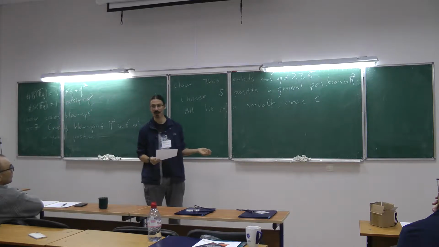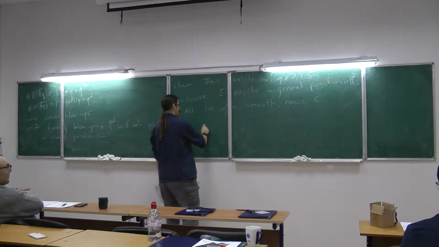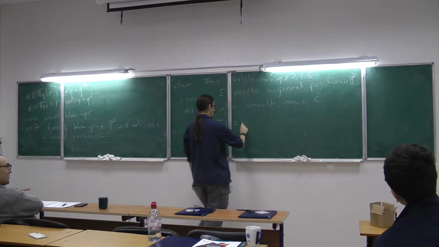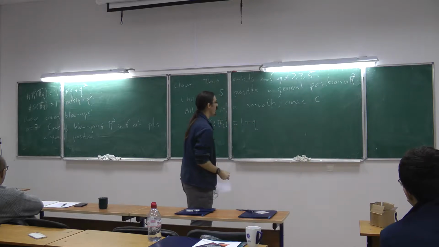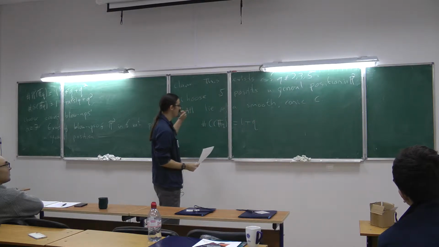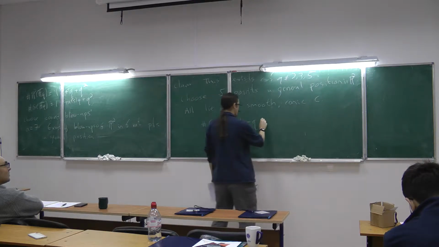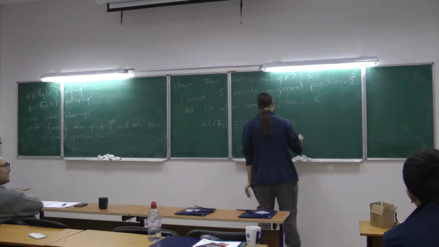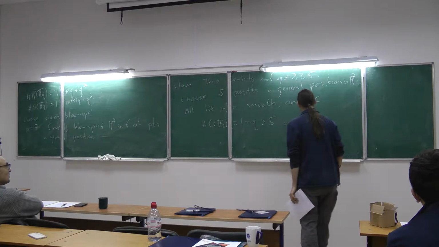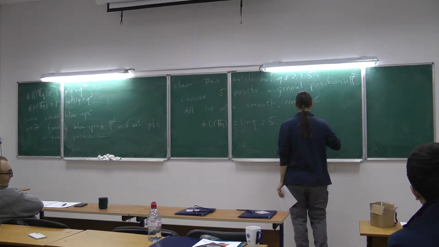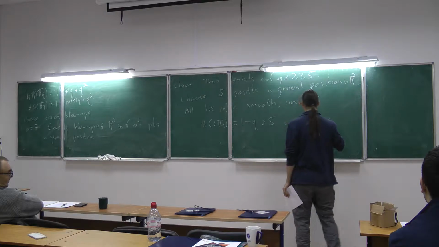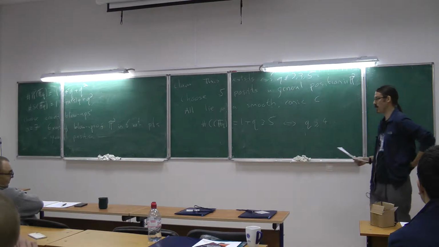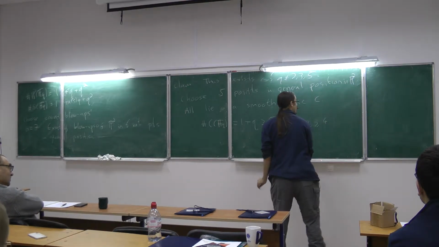As soon as you've got a conic with a point, it's isomorphic to P1, and so the number of points on the conic is 1 plus q. Now you want there to be 5 points in general position, so this needs to have at least 5 points, and this happens if and only if q is greater than or equal to 4. So immediately you rule out the cases 2 and 3 quite easily just by looking at 5 points in general position.